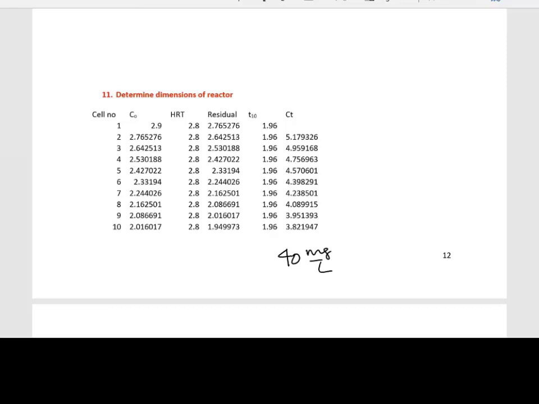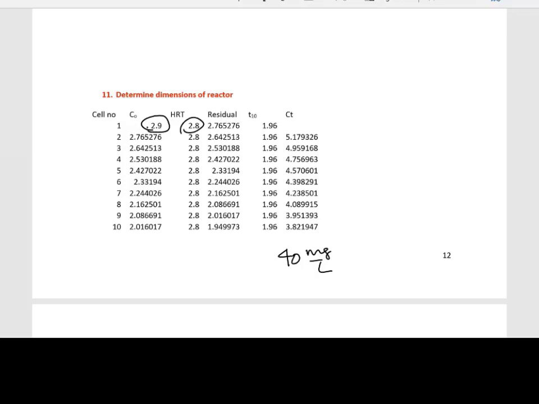So what I've done is I've iterated on a solution. Okay. And the Excel spreadsheet for this is provided on Kappa. So in this case, 2.5 wasn't going to give me 40 milligrams per liter.